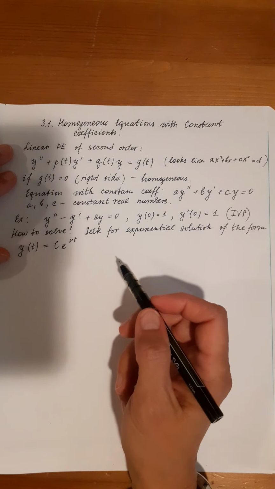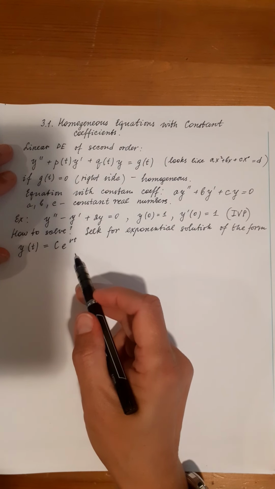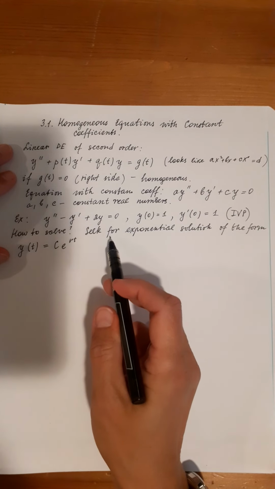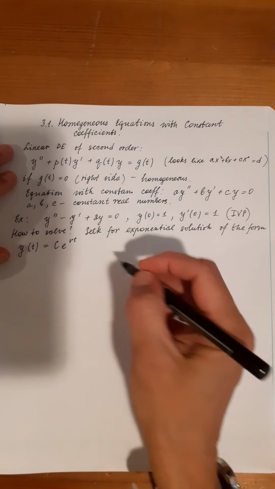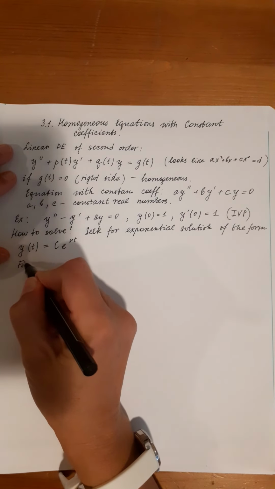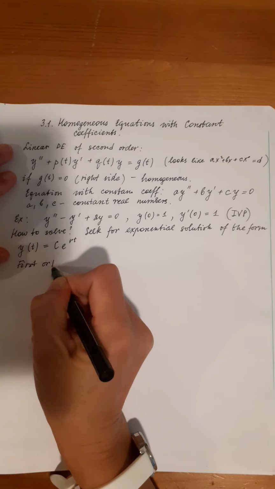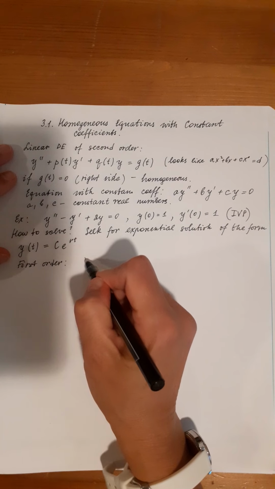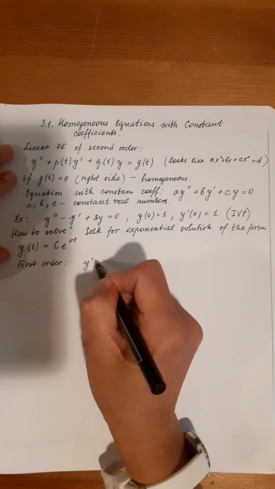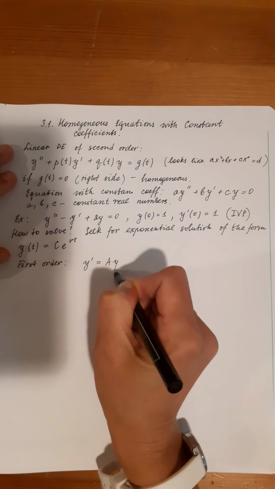Now, the question is, why do we look for a solution looking like this? Well, maybe we can just say we guess that that's going to work. Maybe we can refer to an equation of the first order. Imagine you have a first order equation, something like this: y prime equals a y.